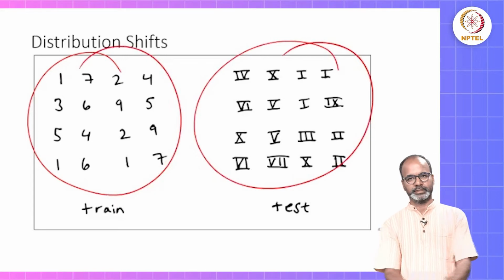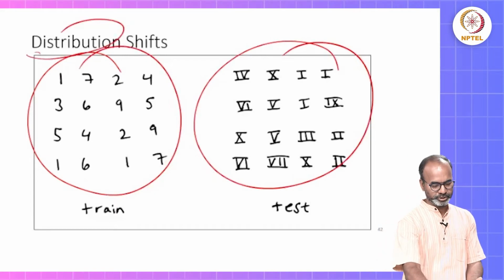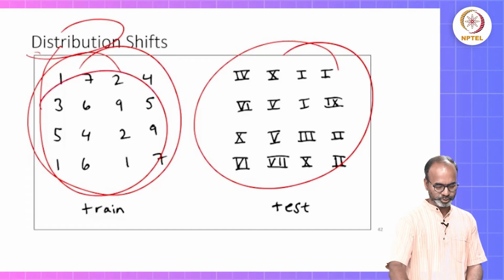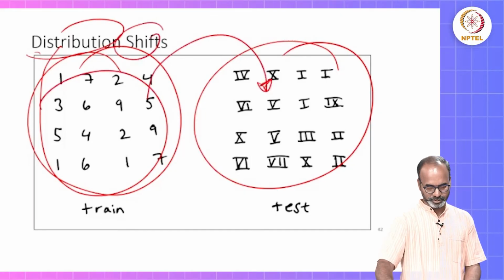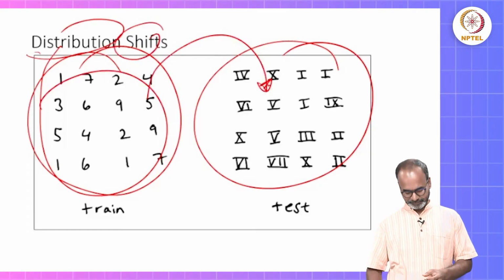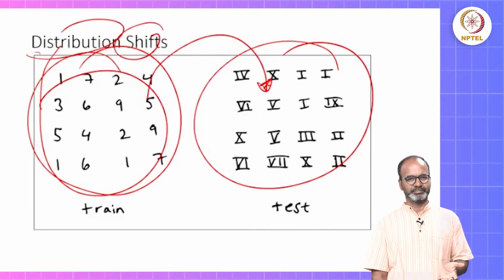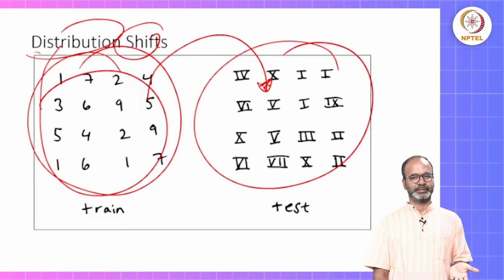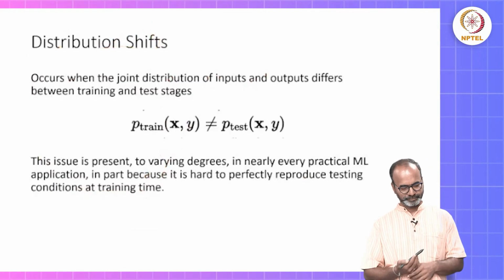The distribution is shifted. If you treat this as a distribution, it is shifted from here to here, and that's the problem we will study. And why is this important? What are the different ways that distribution shift happens?